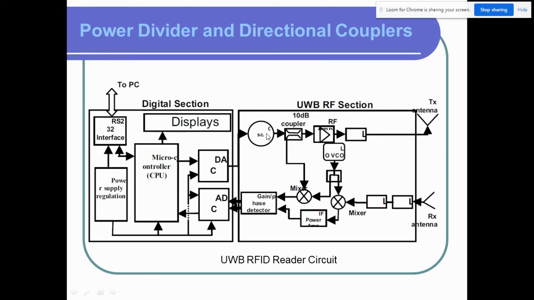So when they generate a signal here with a VCO, we call it oscillator circuit, where we generate RF, and then when you input to the directional coupler, there is a coupling port to have the same signal at the mixer point here.